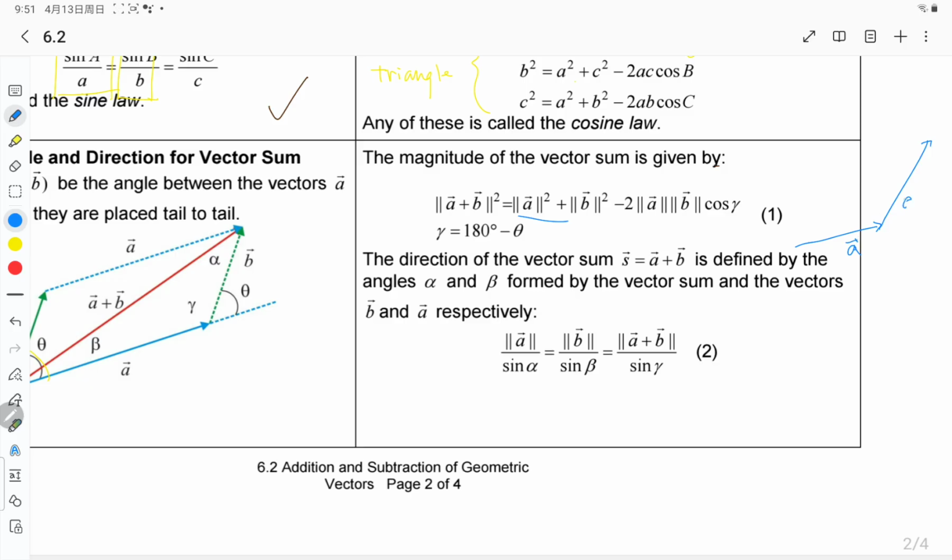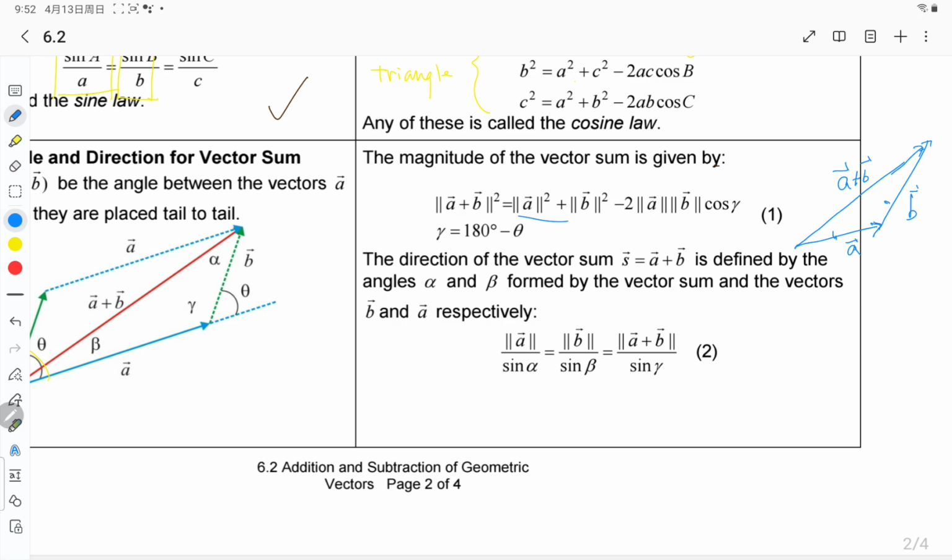So this is A side, B side, and then A plus B. It also depends on how you drew the vectors. If you drew it this way, A this arrow, B this arrow, and A plus B this arrow, then the other side will be this side squared plus this side squared minus 2ab cosine gamma.